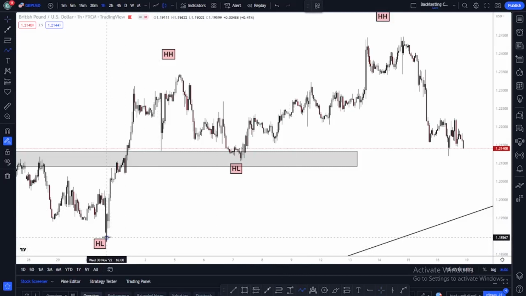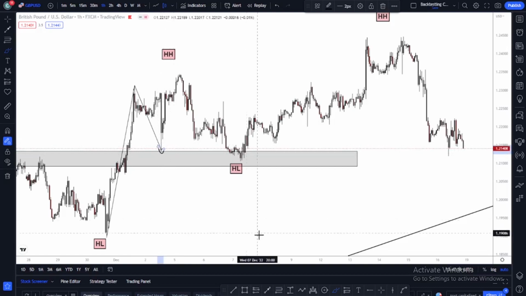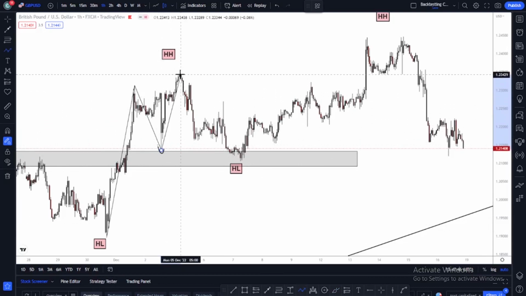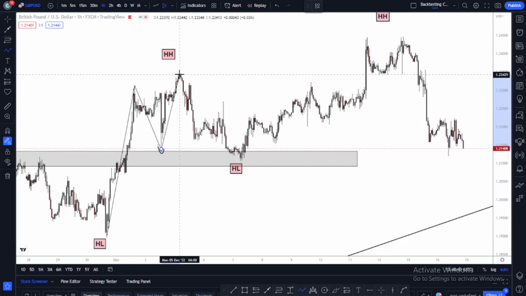We realized that after price broke above our resistance, our previous H4 higher high, it came down and created a new H1 higher low before it finally created the higher high. Do you get me?